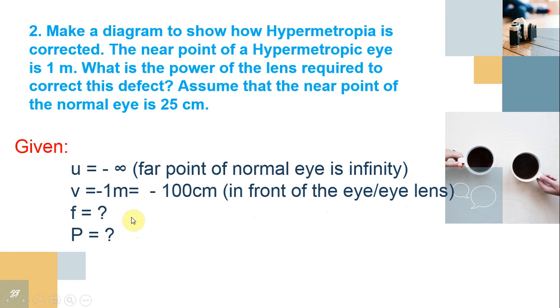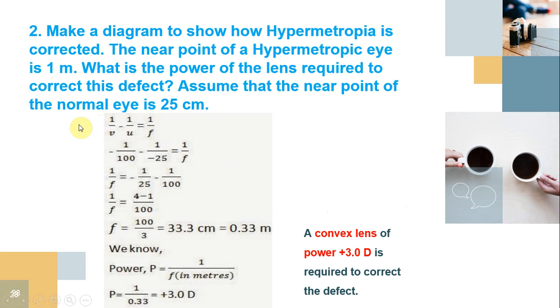Now we need to find the value of focal length and the power of lens. The lens formula is 1 by v minus 1 by u is equal to 1 by f. Now substituting the values of v and u. The value of v is minus 100 and the value of u is minus 25. This minus and this minus cancel, so we take a plus.